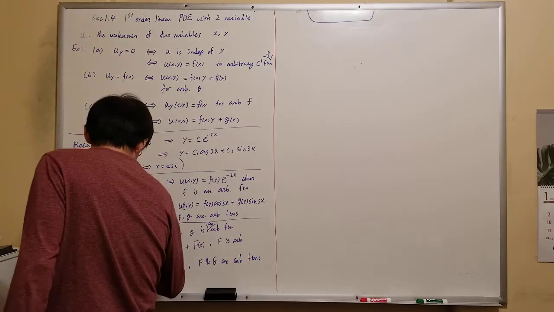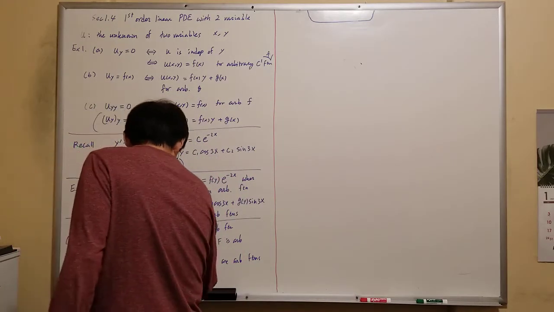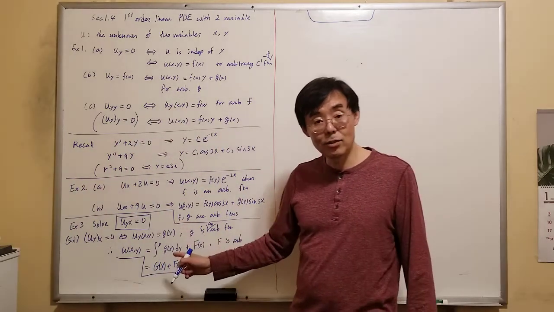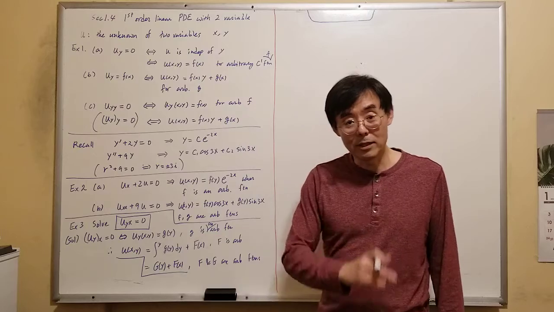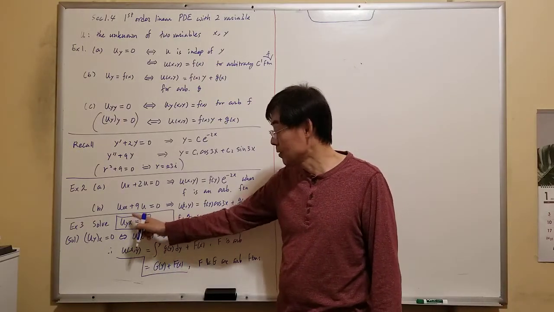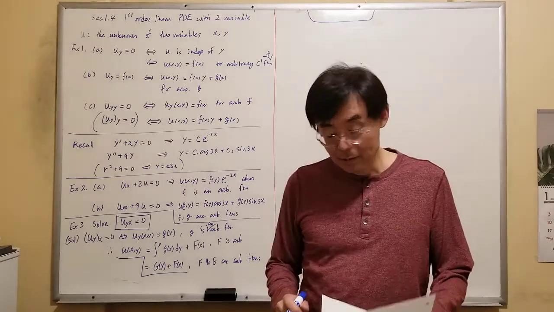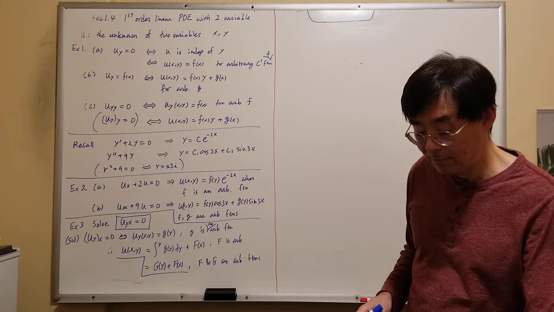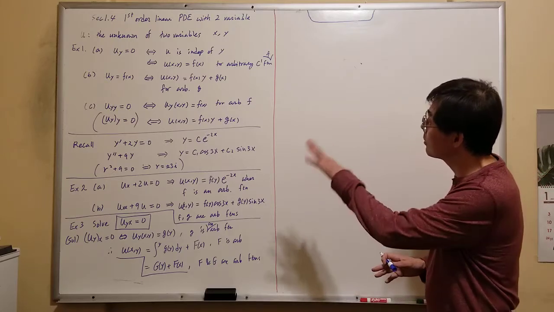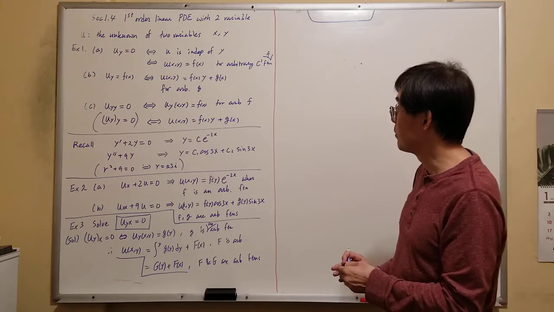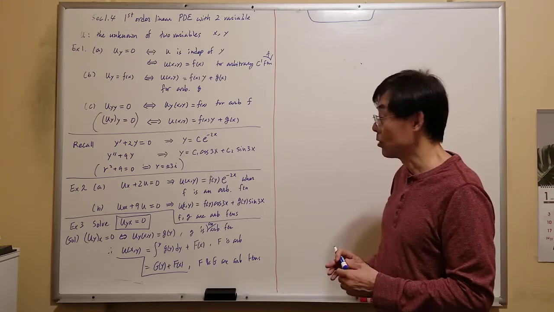So the solution for this will be the sum of a function of x only plus a function of y only. That's the only form which could satisfy this second order partial differential equation. So these are the special cases which do not need any kind of theoretical development to get the solution.